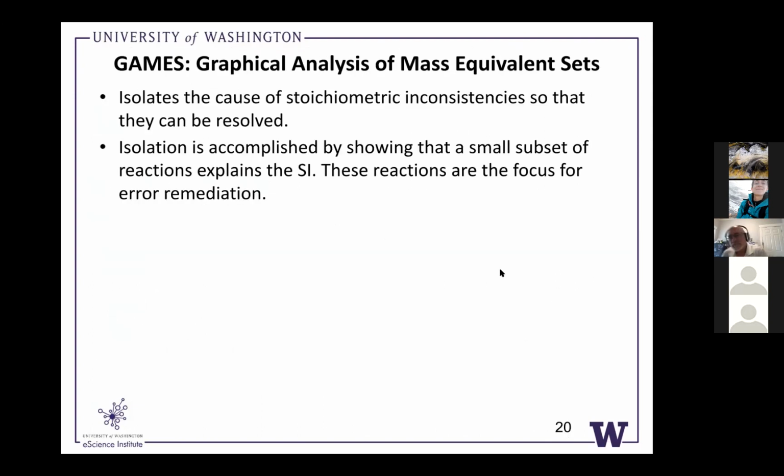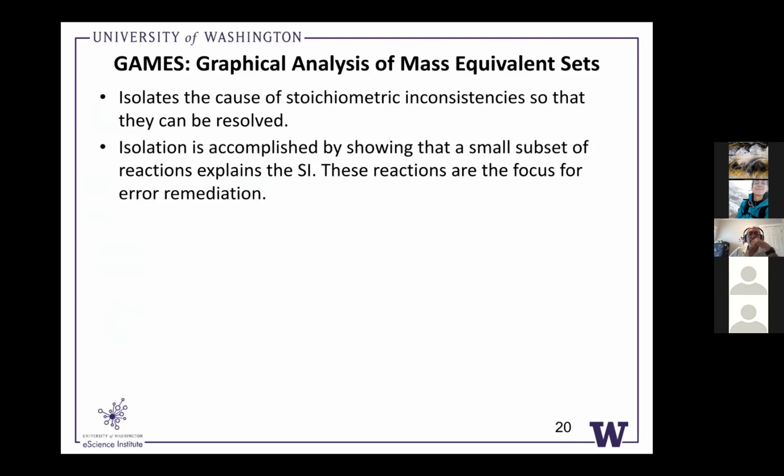As I mentioned before, the key challenge with stoichiometric inconsistency as it was originally formulated in the 2008 paper is that it gives you a binary answer. Yes, I'm consistent, or no, I'm not. And if I'm not, well, it's your time to try and find the needle in the haystack.